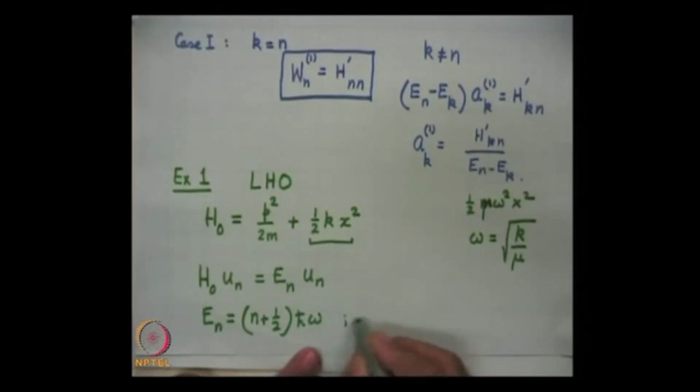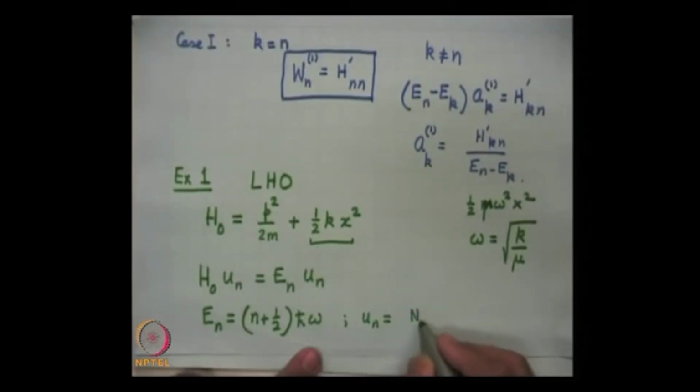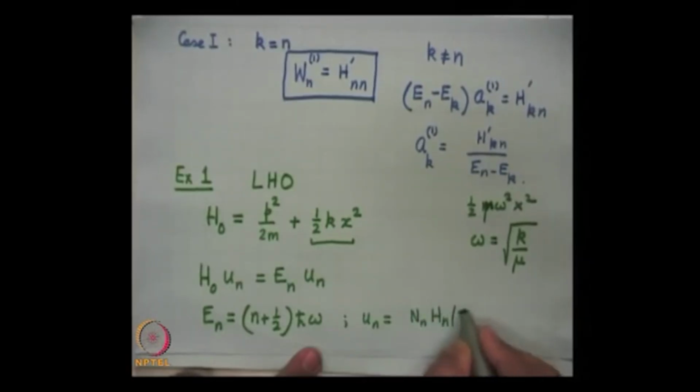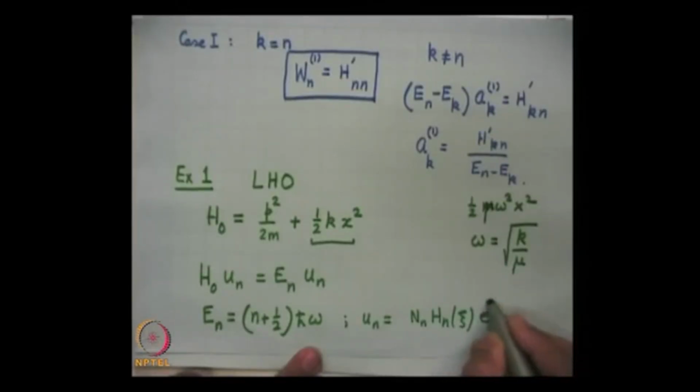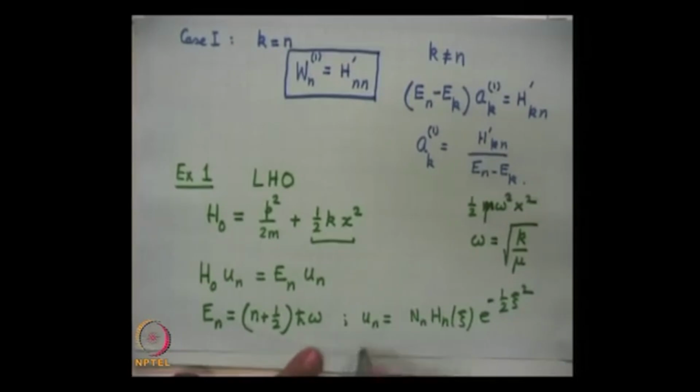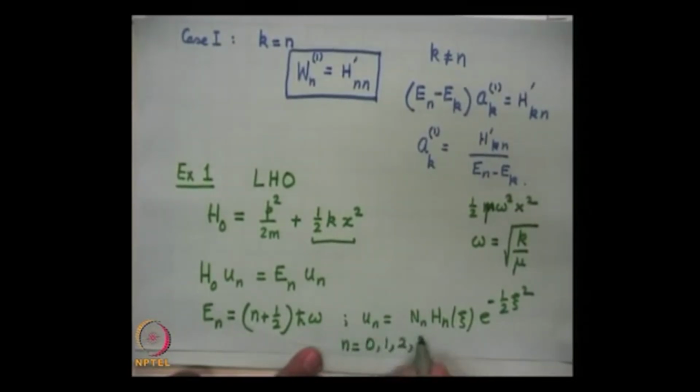I do not need to write them down. U n is equal to N n H n of xi e to the power of minus xi square by 2, which I am sure all of you know, and n takes the values 0, 1, 2, and so on. These are the discrete states of the linear harmonic oscillator problem.